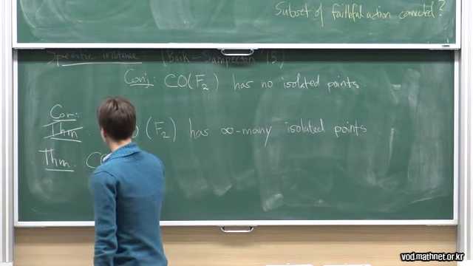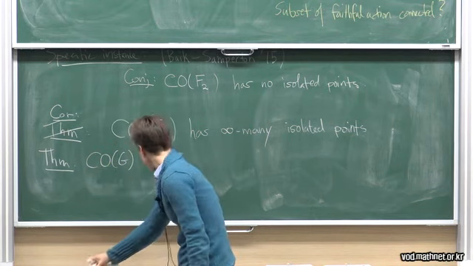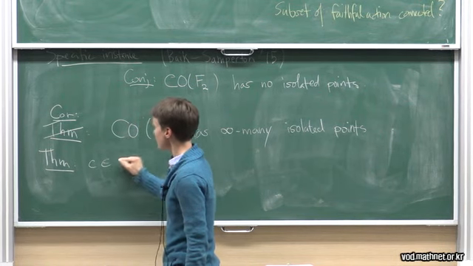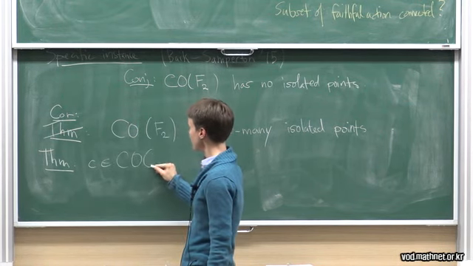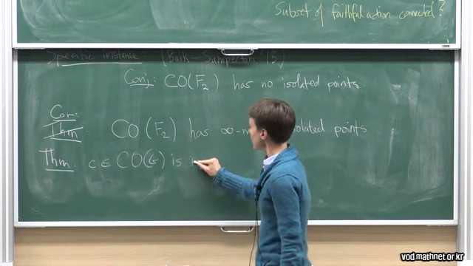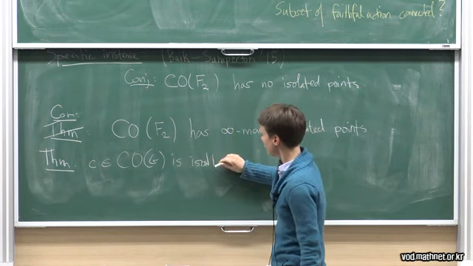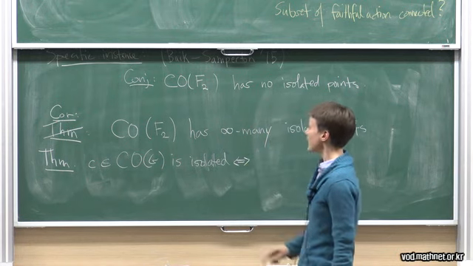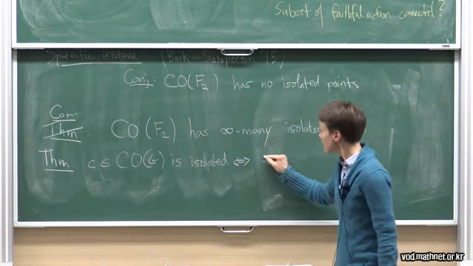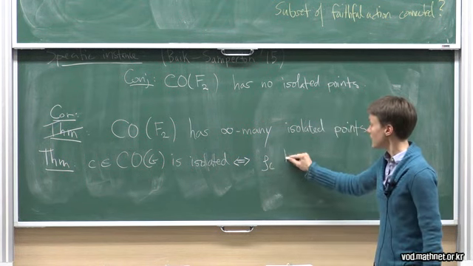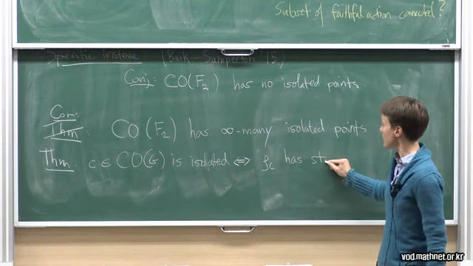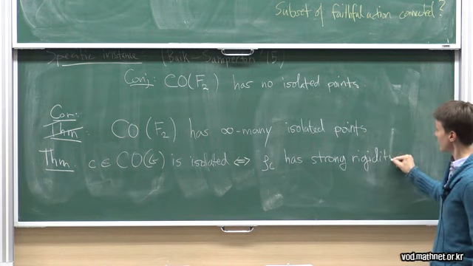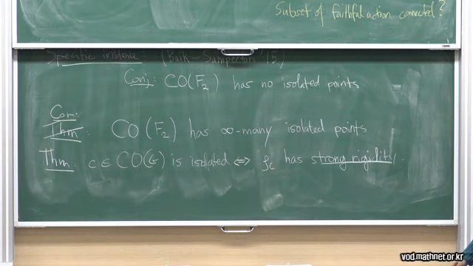So the space of orders on, let me phrase it this way: if you give me a group and a circular order, this is isolated if and only if the associated action has a strong rigidity property, in the sense of topological dynamics.